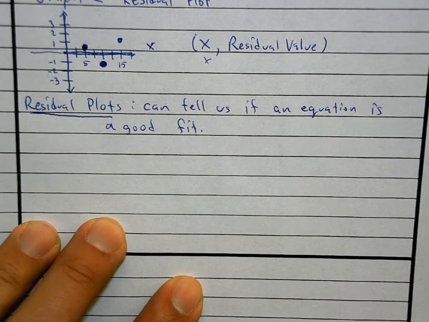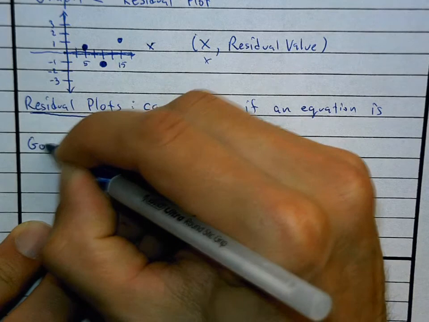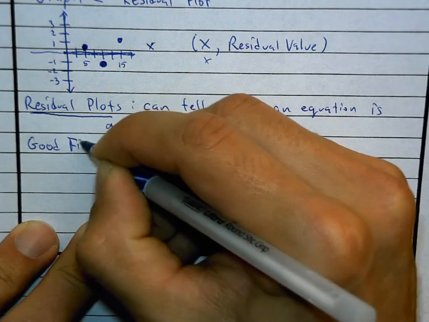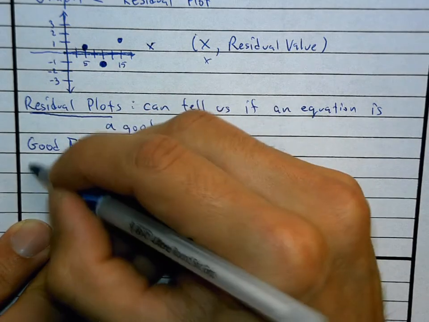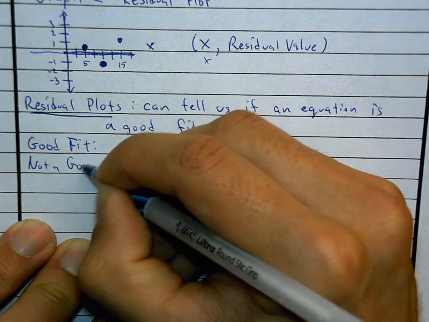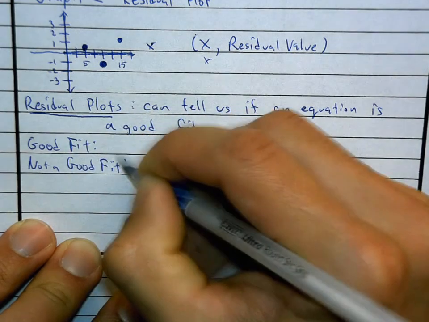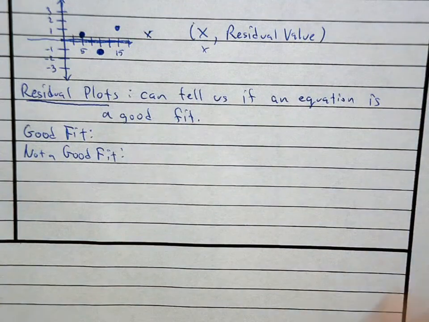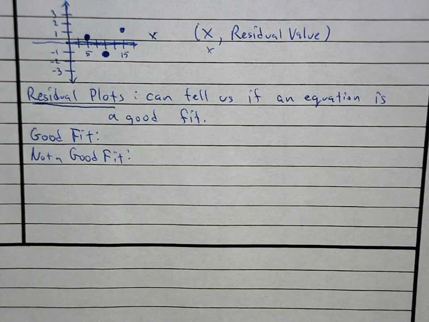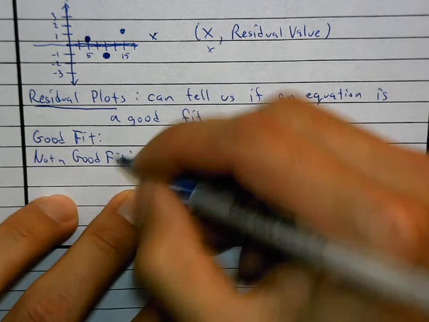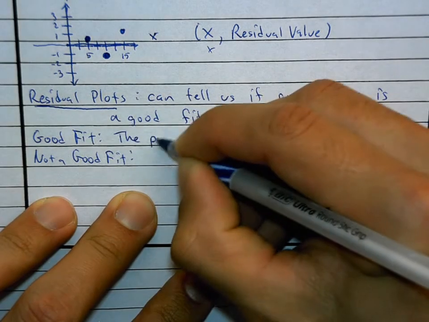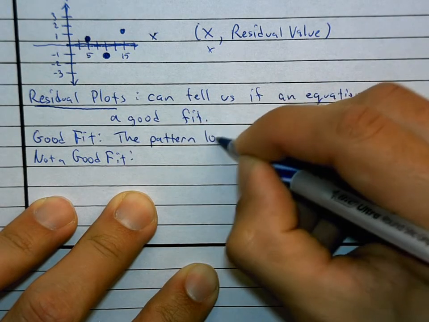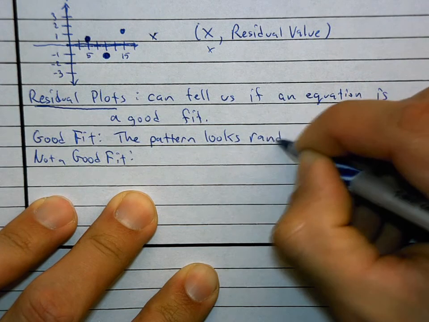So you have two choices: good fit or not a good fit. I'm going to write down both. There's a good fit type of residual plot, and then there's not a good fit type of residual plot. It is a good fit when the pattern looks random.